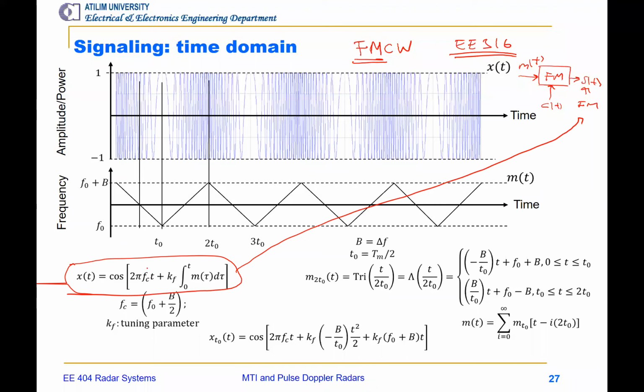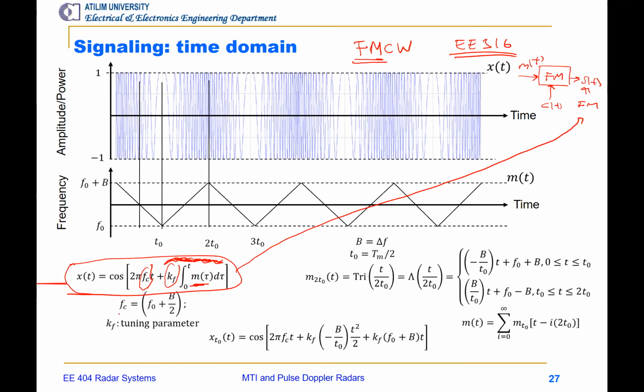Here we see we have the carrier frequency, so cosine 2 pi f_c t, plus a constant, which is a tuning parameter, and the integration of the message signal. So we integrate the message signal. What will happen then is that we get a time varying phase, and we actually tune the frequency, because variation of the phase, a variable phase, simply imposes frequency variation.